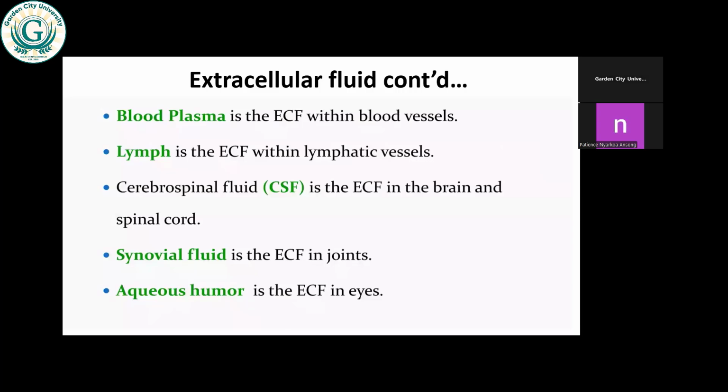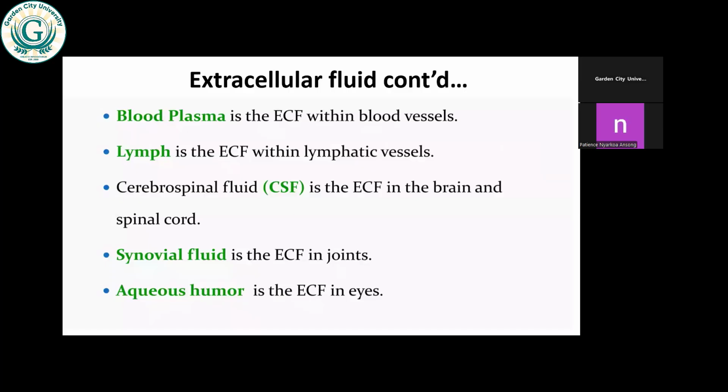Then we have transcellular fluids. These are the extracellular fluids aside from the plasma and the interstitial fluids.